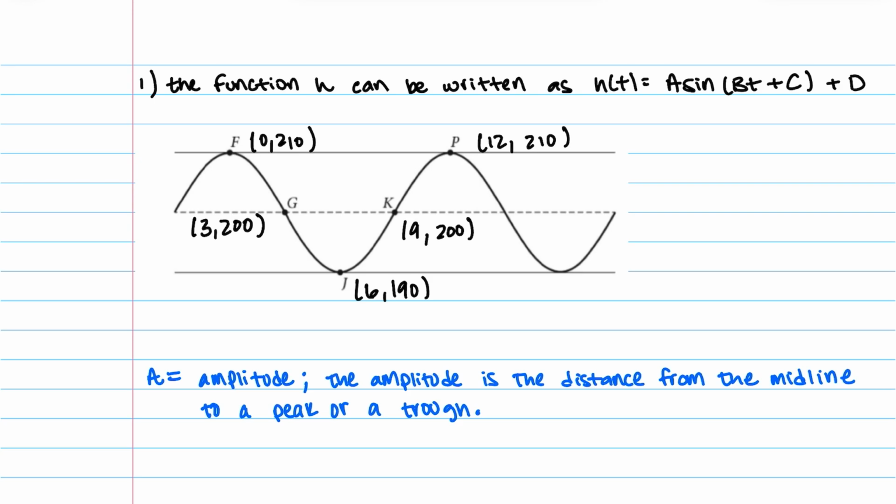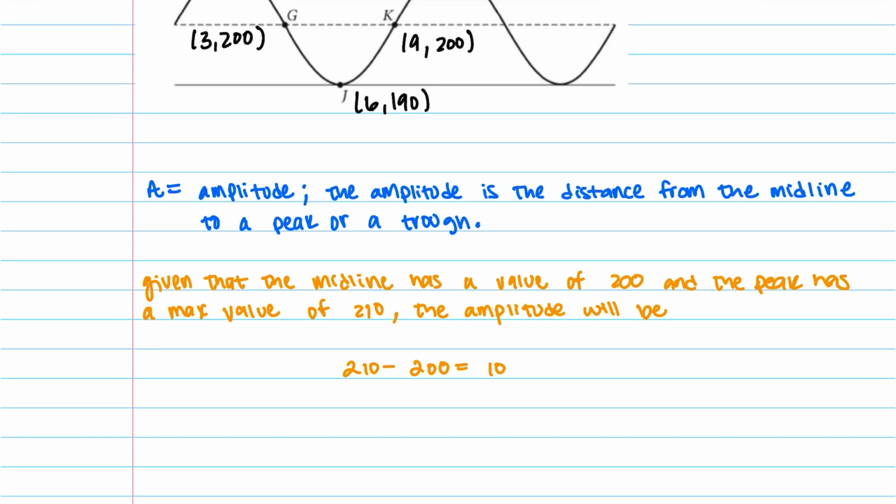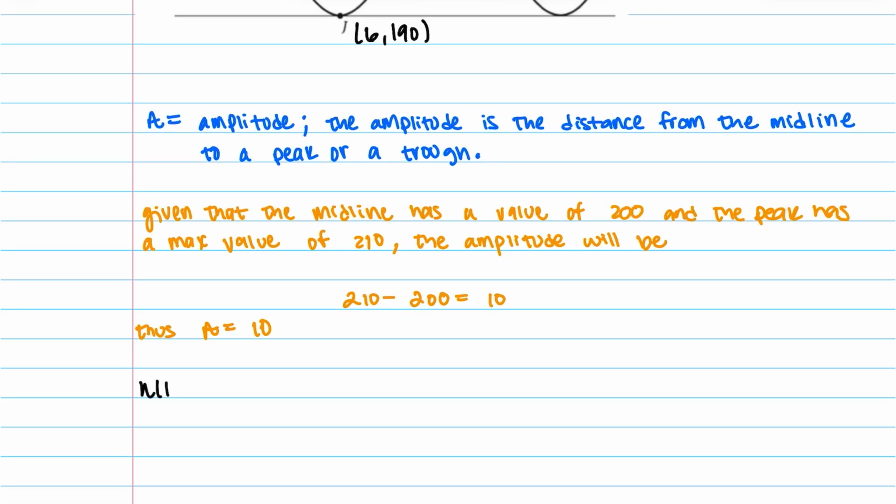From our picture, given that the midline has a value of 200 and the peak has a max value of 210, the amplitude will be 210 minus 200, which is the distance between the midline and the peak, which comes out to be 10. Thus, a is equal to 10. By substituting this value into our equation, we get h of t to be 10 sine of bt plus c, plus d.